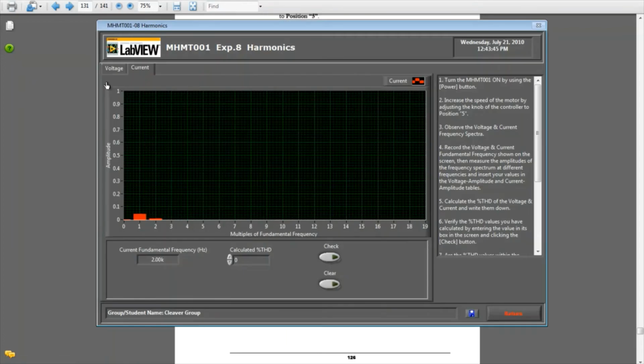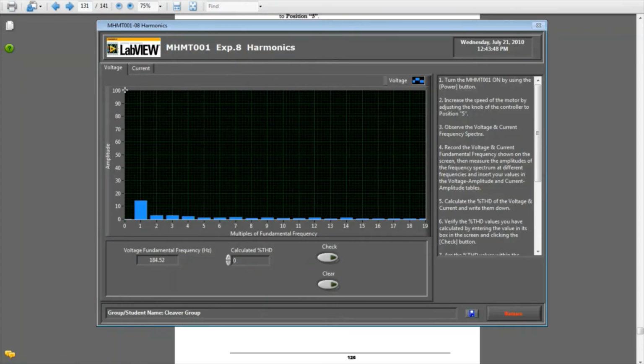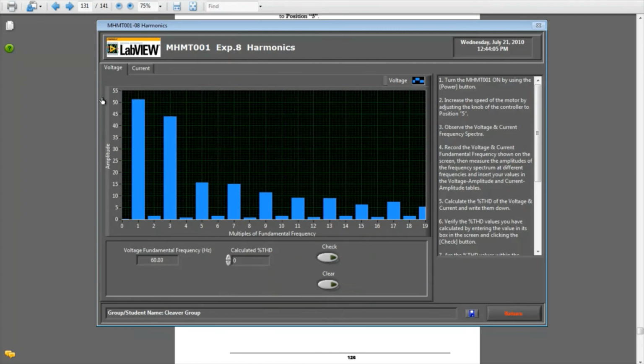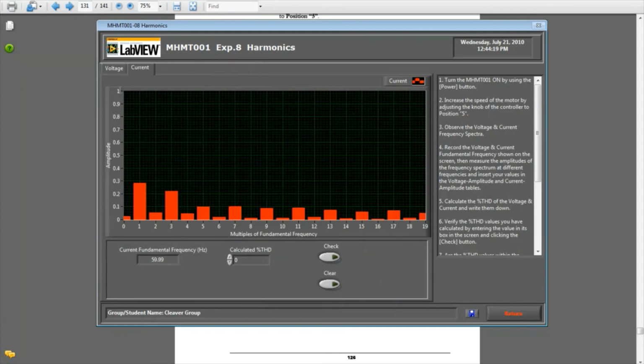So this is for voltage, and run. I can control this. So this is a maximum of 60. So you can take a screenshot for voltage, and we can do the same for current, which is a maximum of 0.32.